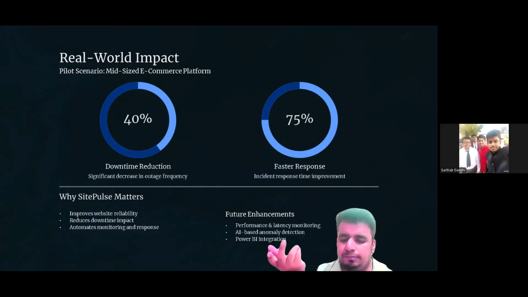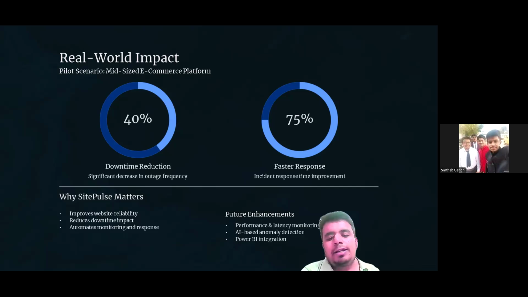We can work on it. Currently, performance and latency monitoring is already happening in real time on Power Automate. AI-based anomaly detection is already happening, and the future enhancement will be Power BI integration. That is what we'll be working on soon. Okay. Right now, version 2 enhances the 404 and the 500 error handling. Okay.